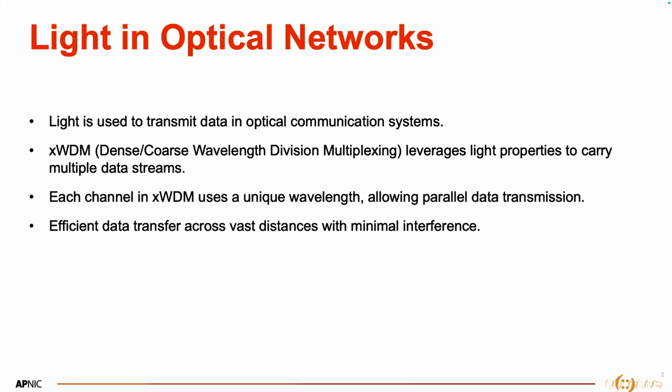Whenever we're working with optical communication, we're basically using light to complete the communication. For any kind of WDM technology, we are basically using different wavelengths of light from one place to another to carry data, and we are using those wavelengths as separate channels within the same fiber.